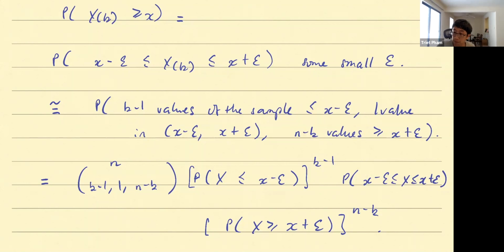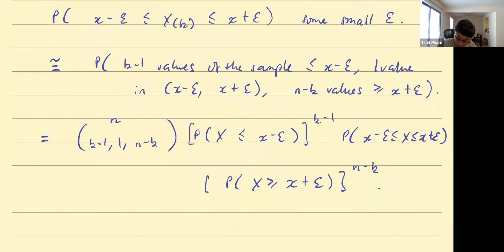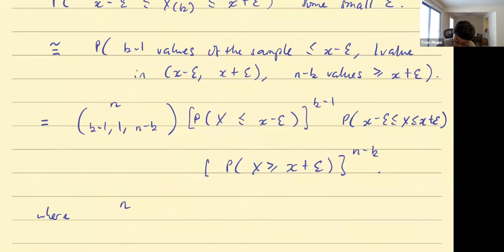Any question? And so n choose k minus 1, 1, n minus k will be n factorial over k minus 1 factorial. I don't need 1 factorial, I'll just write it down, and n minus k factorial.